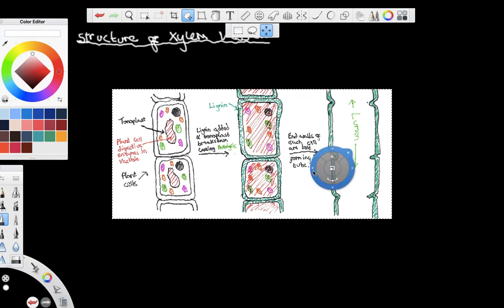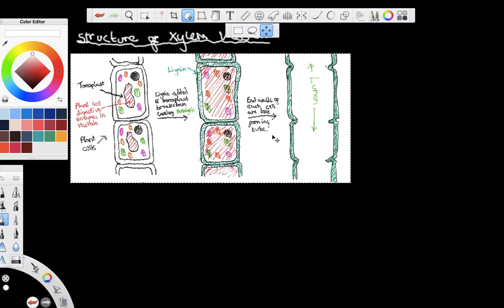So I'm just going to leave that there and we'll write round it. I've already said that the xylem transports water and dissolved mineral ions from the roots around the plant. Okay? They're formed by dead cells that are arranged into a tube.